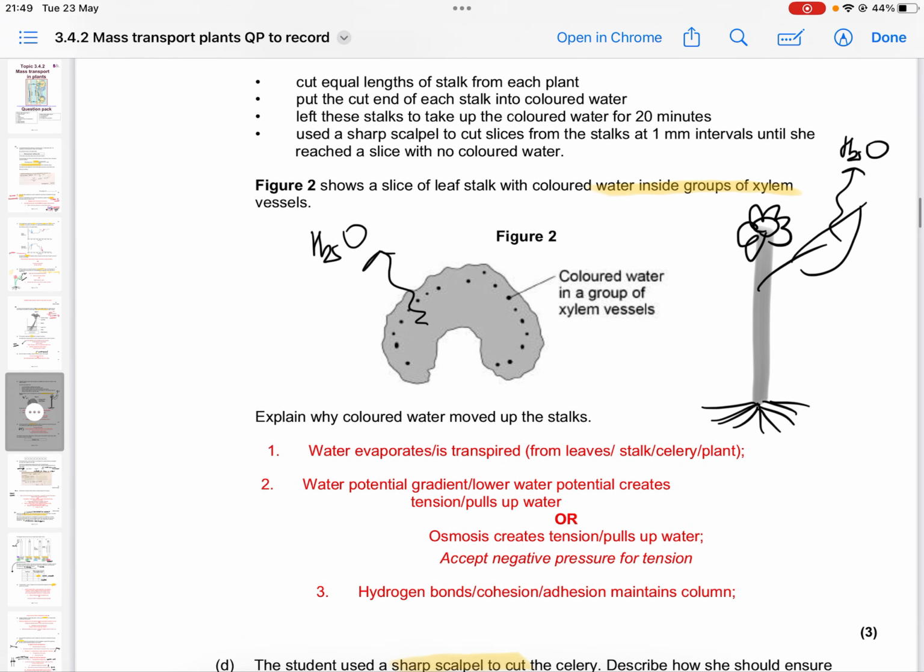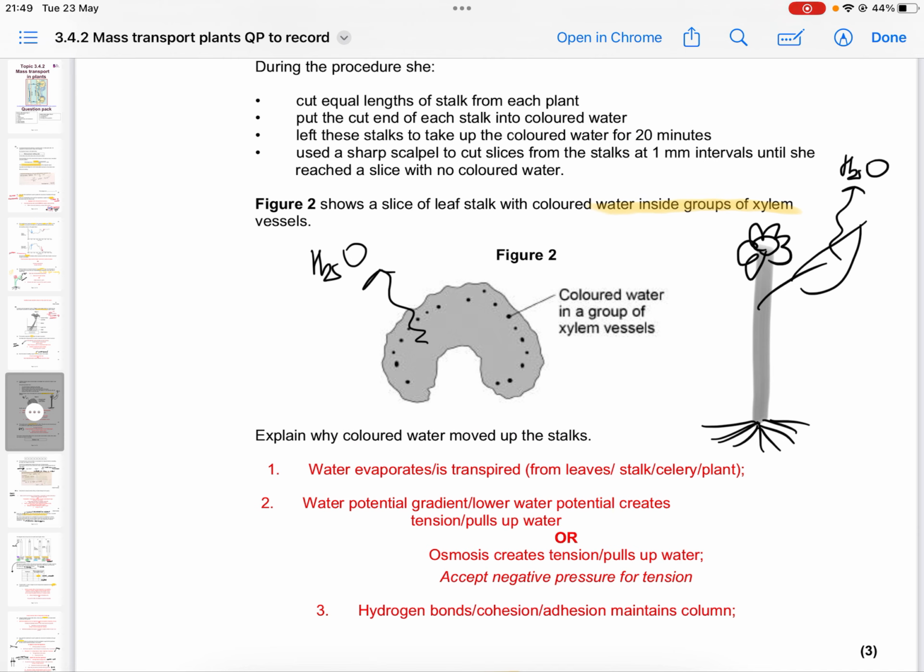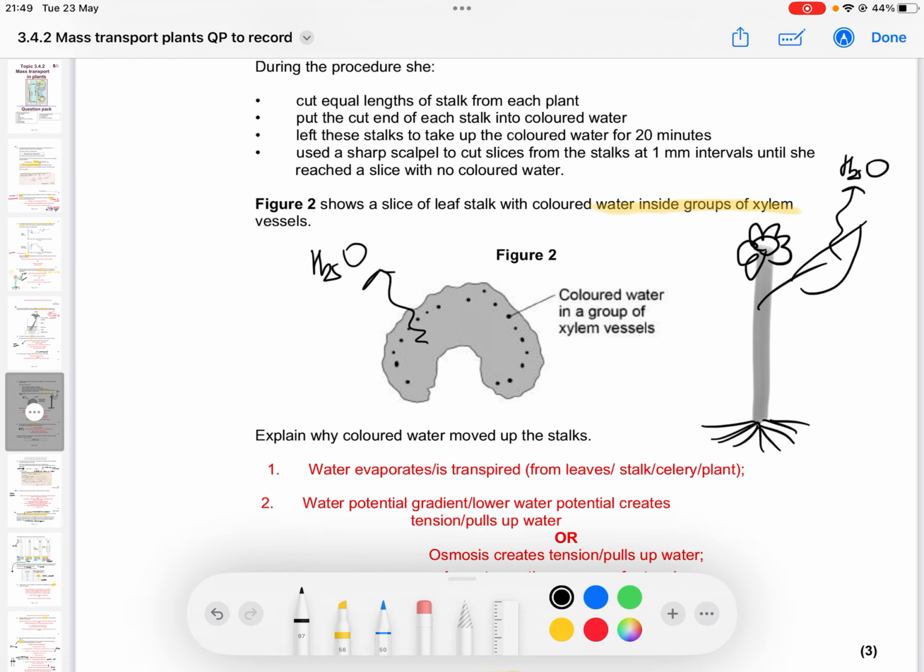What does that mean then? That could help us with the explanation of why coloured water has moved up the stalk. Obviously, because the water has evaporated from the stalk. So now, if we're looking at the difference here in the water potential gradient, we've got lower water potential created, so the osmosis of water will be taking place.